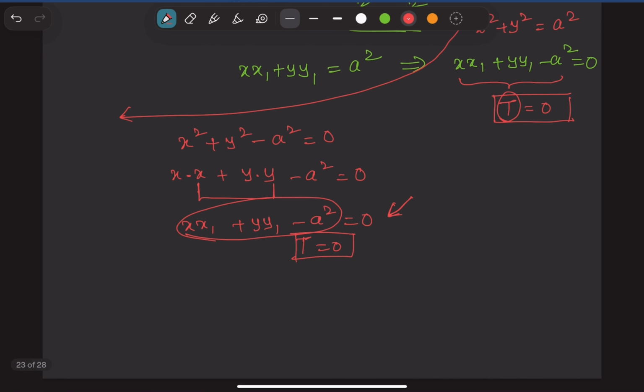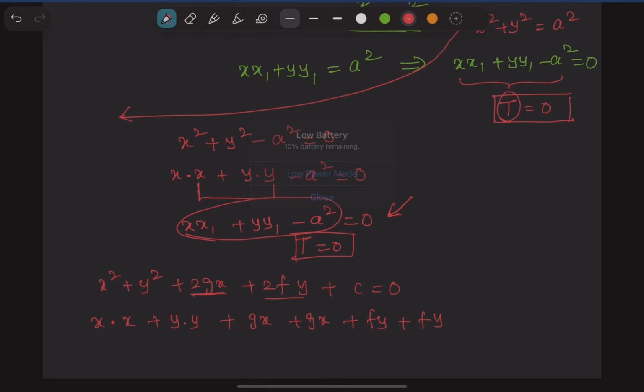Now, to generalize this concept for a general circle, x square plus y square plus 2gx plus 2fy plus c is equal to 0, we can write this equation as x into x plus y into y, and write 2gx as gx plus gx and 2fy as fy plus fy, plus c is equal to 0.